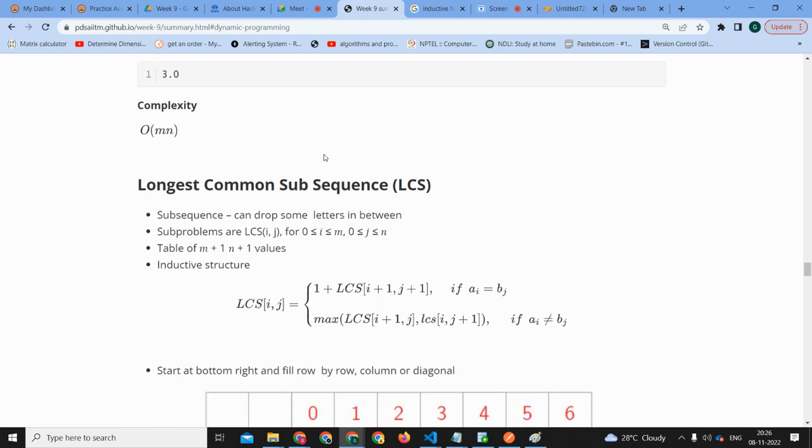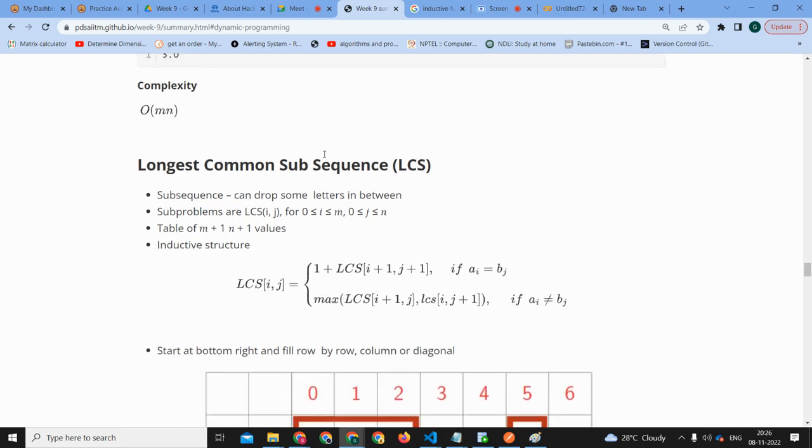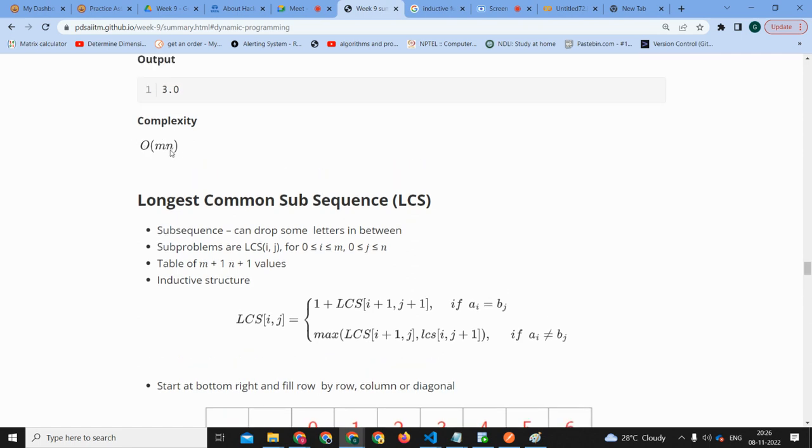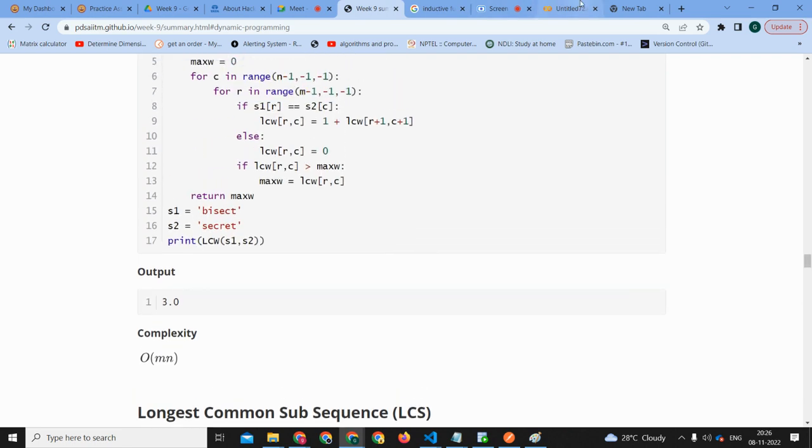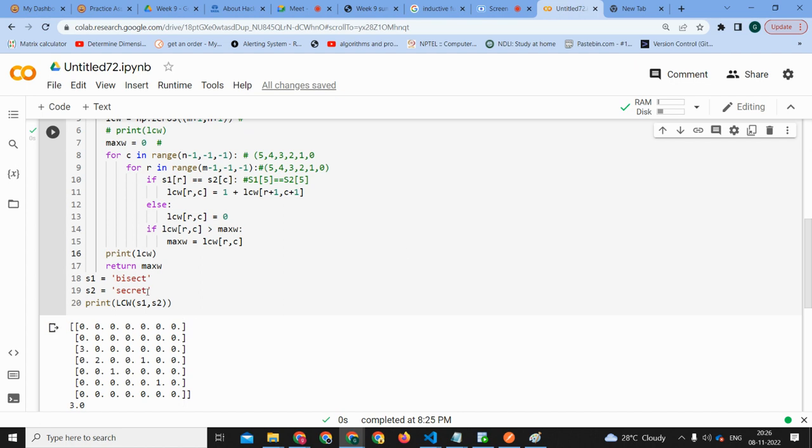But sir, I also have a doubt here. You have a doubt here or the previous one? Here, the complexity one. Whether the length is small or big, we are just creating a square matrix of the greater length. So why is it m cross n? No, we are not creating a matrix of the greater length. I'm going to do something.